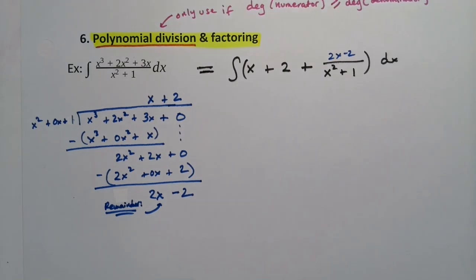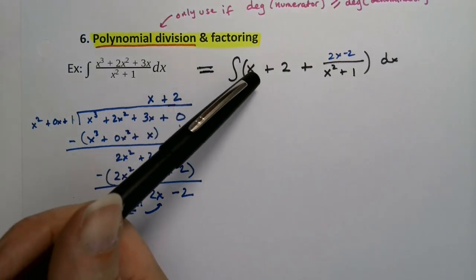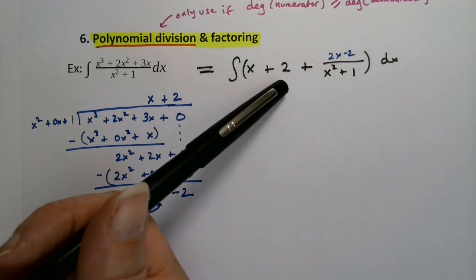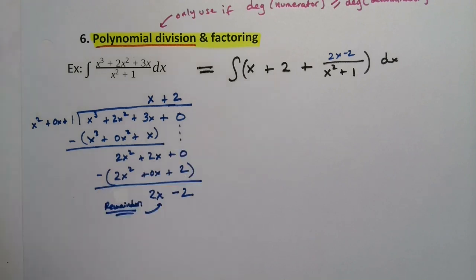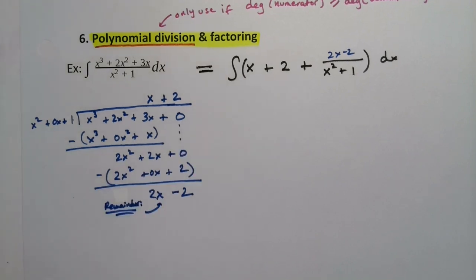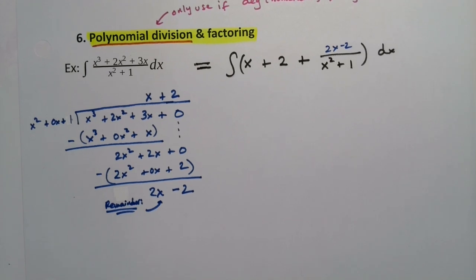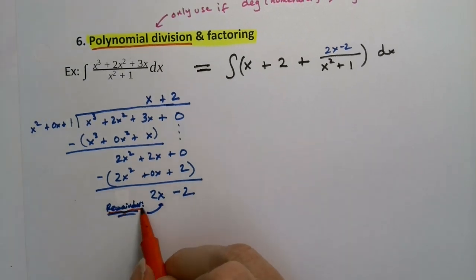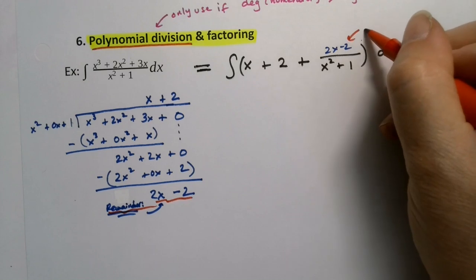Which you have to admit is an easier problem than what we started with, because the integral of x is easy. The integral of 2 is easy. No problems there. And then I'll just make a little note that that's the remainder that I'm using.